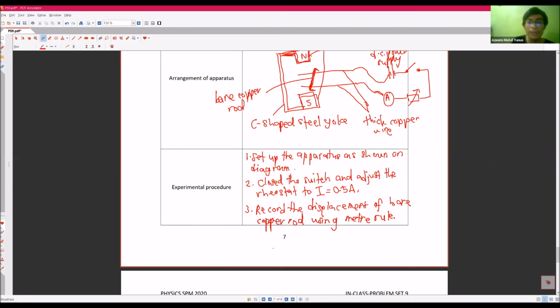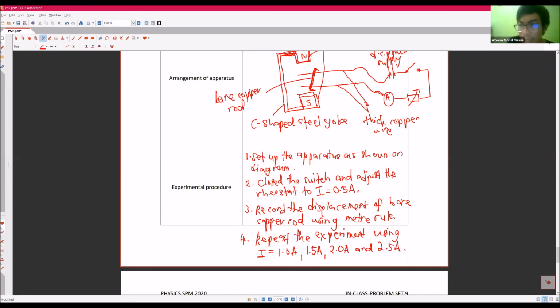Number 4: repeat the experiment using I equal to 1.0, 1.5, 2.0, and 2.5 ampere.